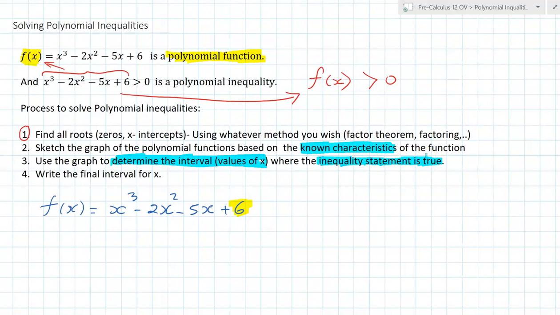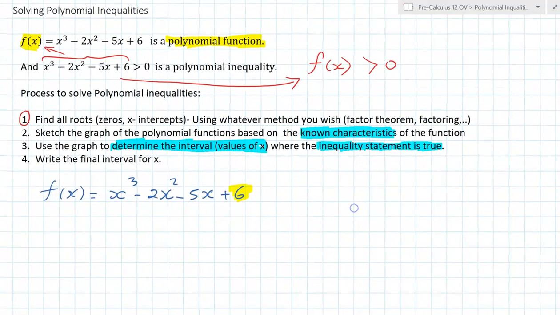So look at this example, and you can use the rational root theorem and solve this. Basically, what it means is that you have to look at all factors of 6, or if you want to use the rational root theorem, be aware that the coefficient in front is 1.